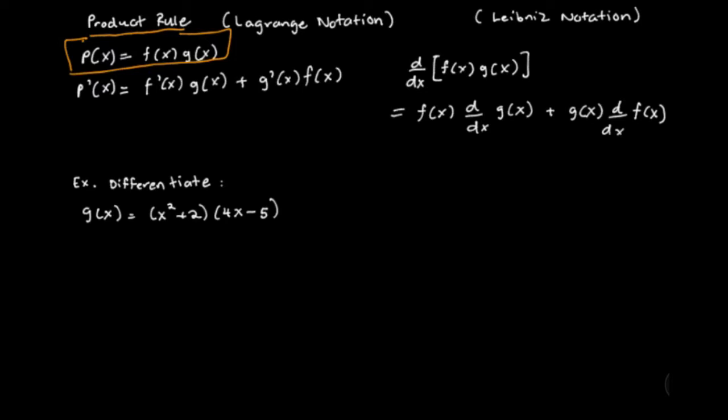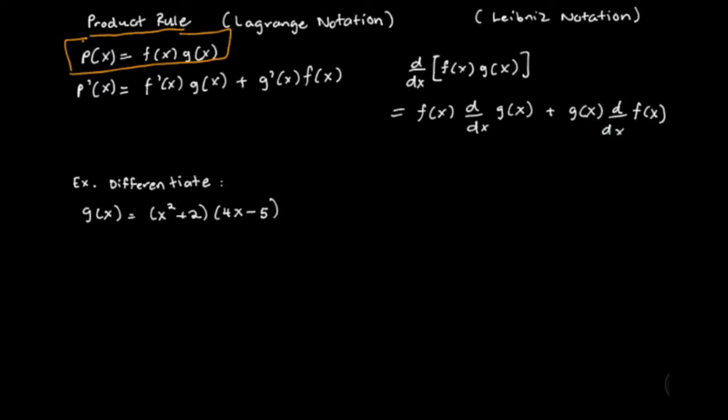Okay? And you can also express this using Leibniz's notation, right? So you do the derivative of a function with respect to x: the derivative of g of x times f of x plus g of x times the derivative of f of x.